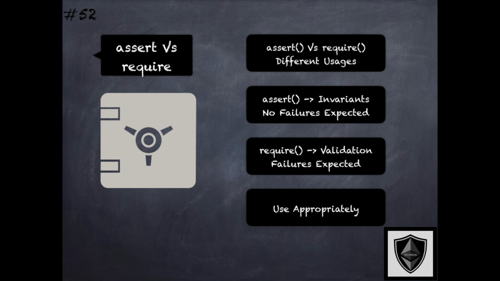This had a more significant impact until Solidity Compiler version 0.8.0, because until then, require used the revert opcode, which refunded the remaining gas on failure, whereas assert used the invalid opcode, which consumed all the supplied gas.